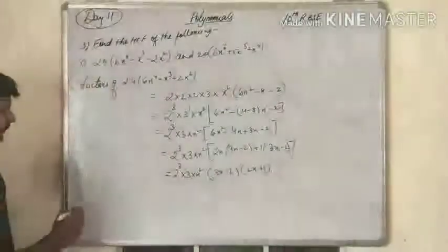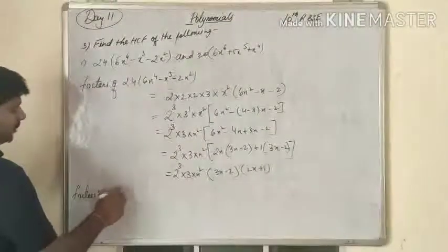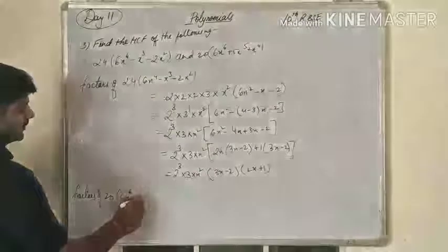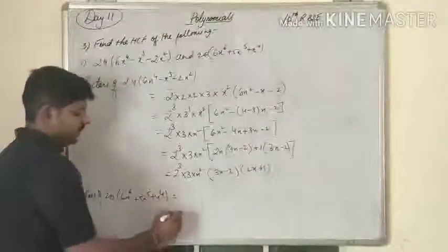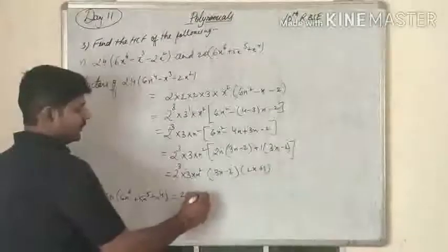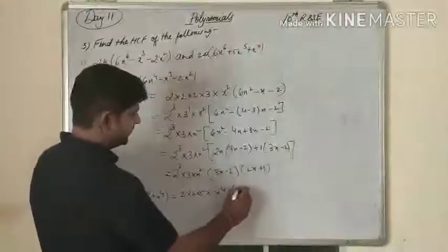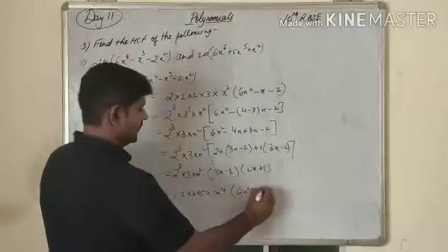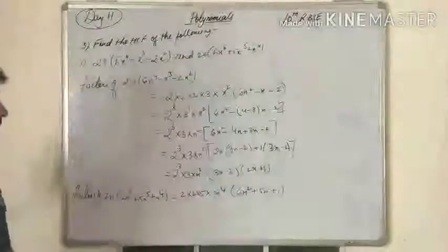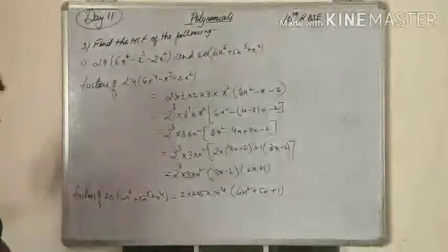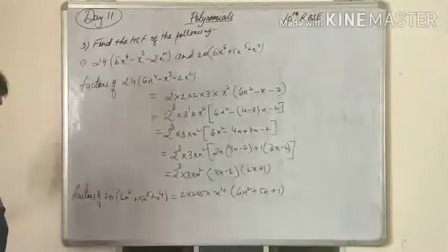Now next part, factors of 20 into 6x raised to 6 plus 5x raised to 5 and x raised to 4. So 20 can be written 2 into 2 into 5, and x raised to 4 I will take common. So whatever is left, that is 6x square plus 5x plus 1. As we know that we need 6, 1 times 6 is 6, 3 times 2 is 6.